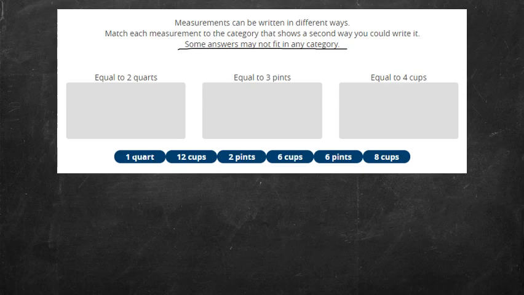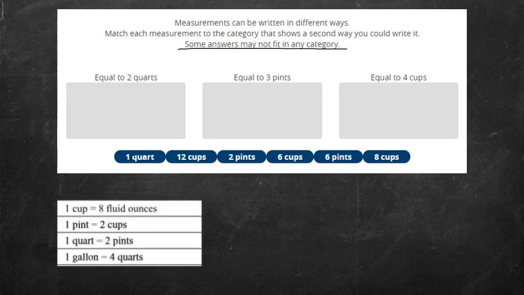So first things first, when we're doing conversions, we want to always have some type of conversion chart to refer to. So let's look at a conversion chart. Okay. Now, since this question is a little bit more difficult, let's look at a strategy we could use to help make this easier and get it solved more quickly. I know that I'm converting liquid measurements. So we're looking at quarts, cups, and pints.